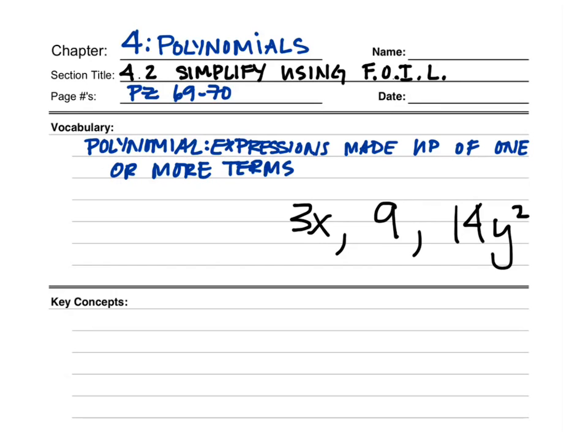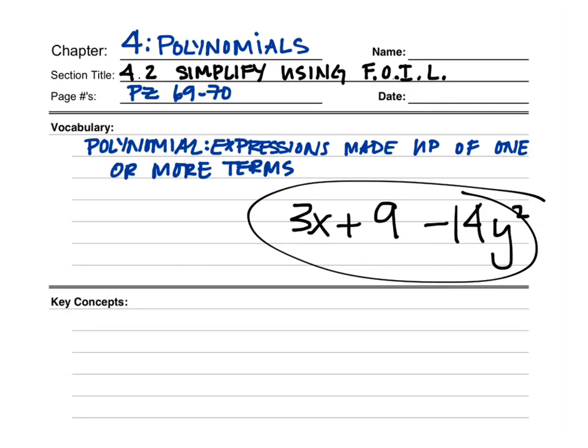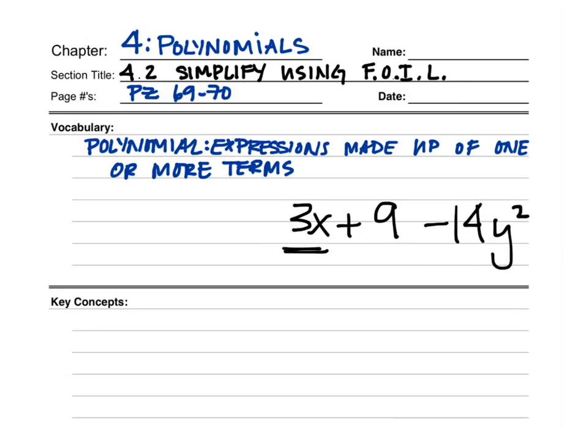If I am adding or subtracting these terms like this, this would be a polynomial. In fact, it would be a 3-term polynomial because I have 3 specific terms.